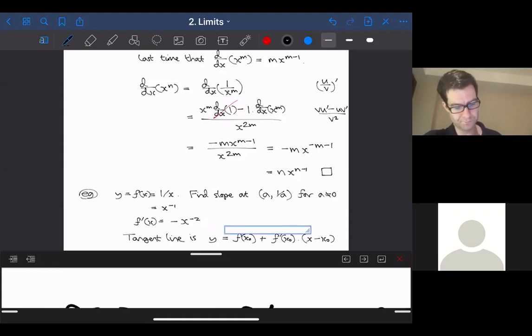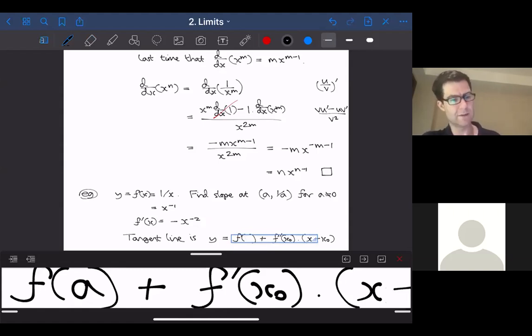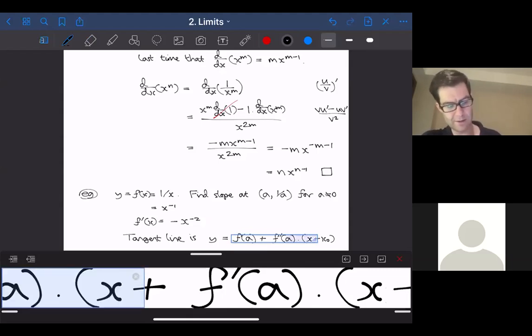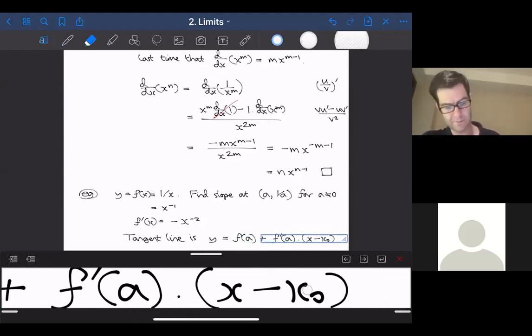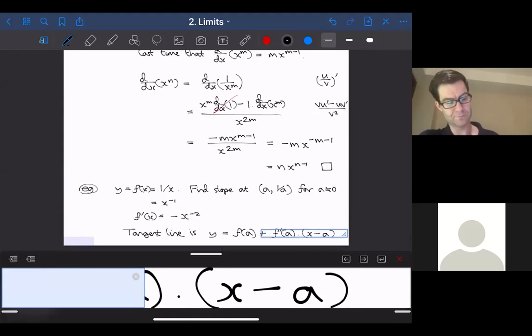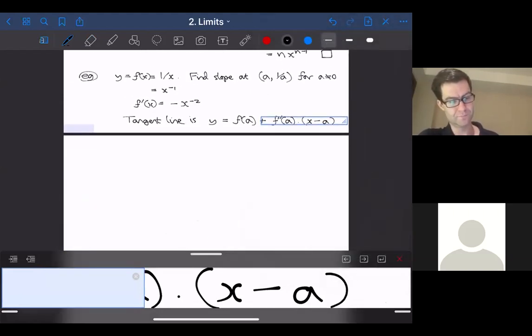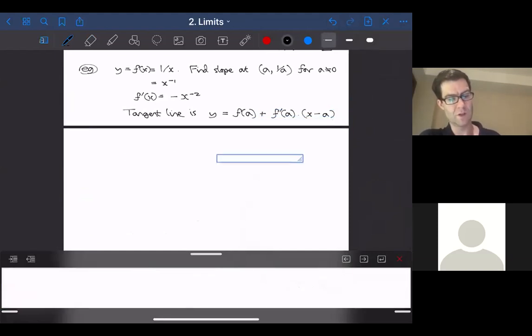So now the tangent line, I've just changed notation for this example. The tangent line is when x naught equals this a, and f prime a by the formula we just got is minus 1 over a squared.